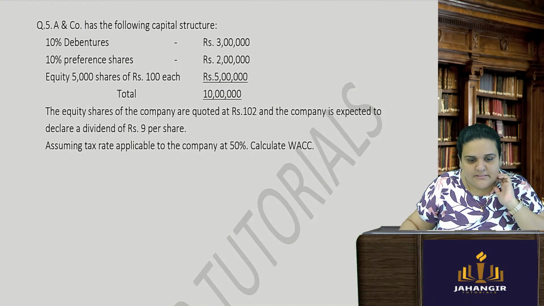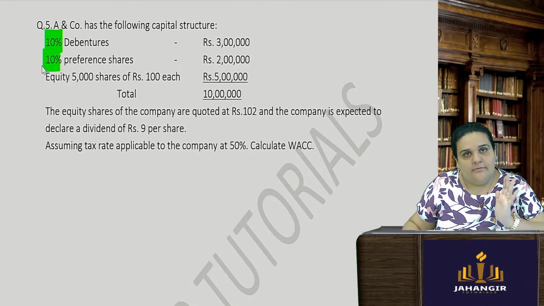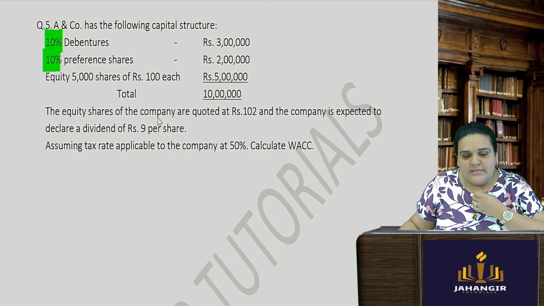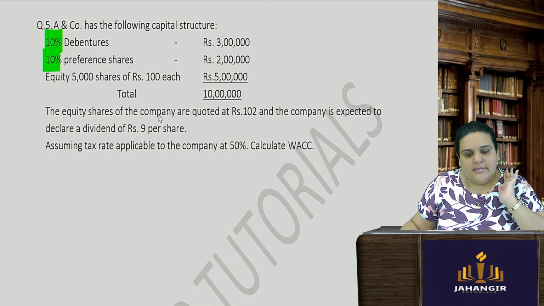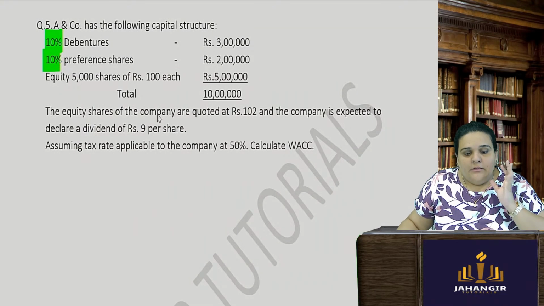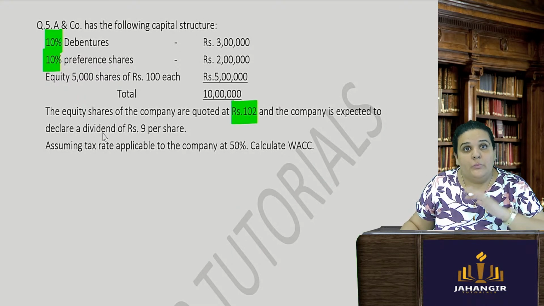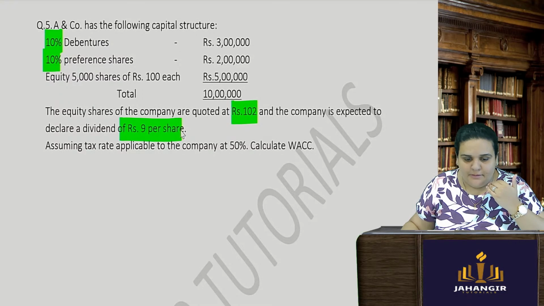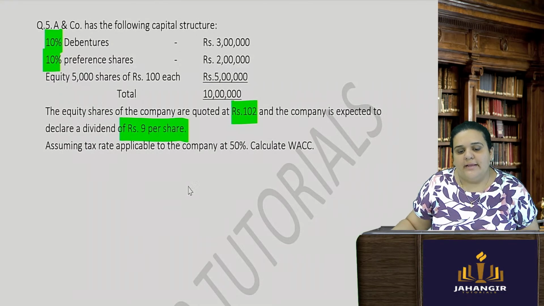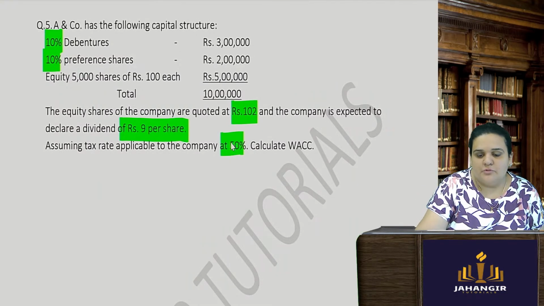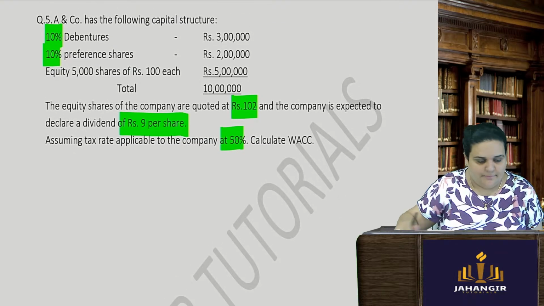Whenever it says 10% here, this is the interest rate, and here it is the dividend rate. Equity shares, they have 5,000 of 100 each, so 5 lakhs, and the total becomes 10 lakhs. The equity shares of the company are quoted at 102 market price, and the company is expected to declare a dividend of rupees 9 per share. Assuming the tax rate is 50%, we are supposed to calculate the weighted average cost of capital.